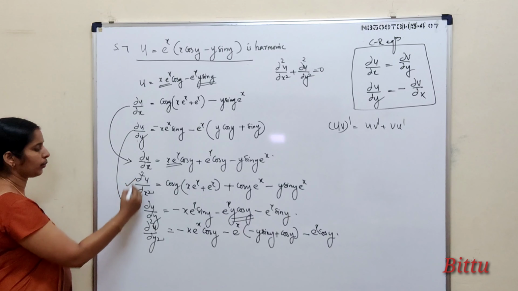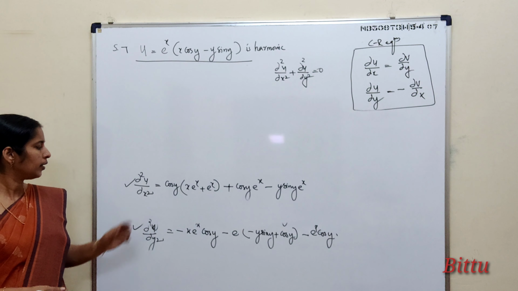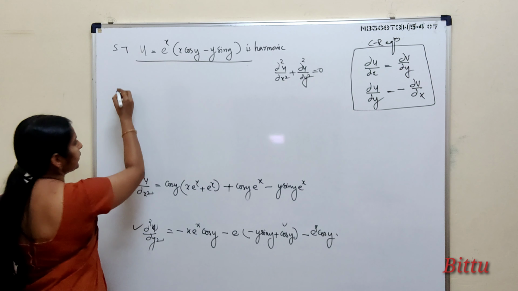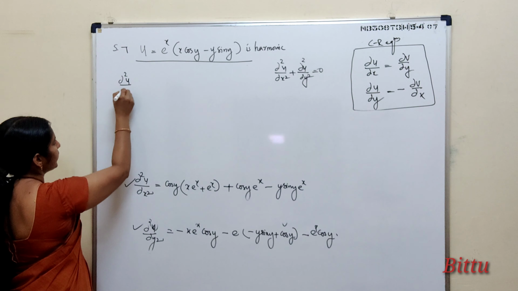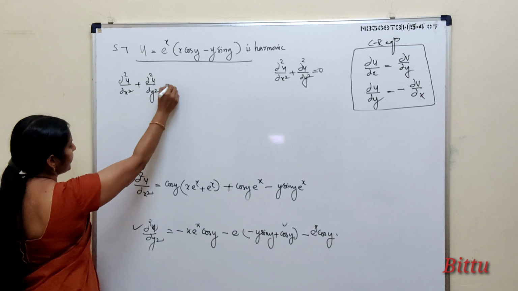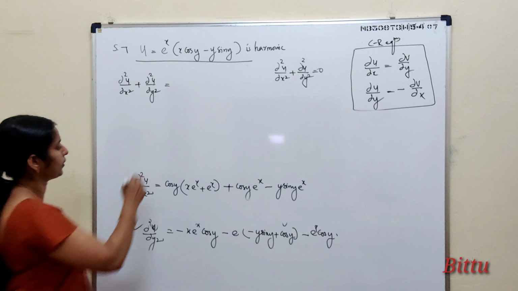So now we have ∂²u/∂x² and ∂²u/∂y². Next you consider ∂²u/∂x² plus ∂²u/∂y². That is equal to, you put ∂²u/∂x², you open the bracket.